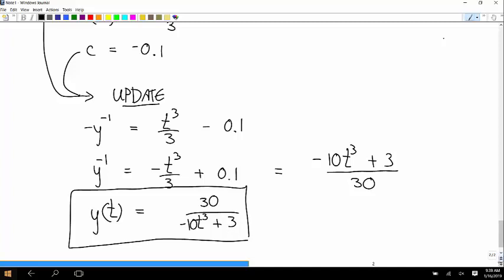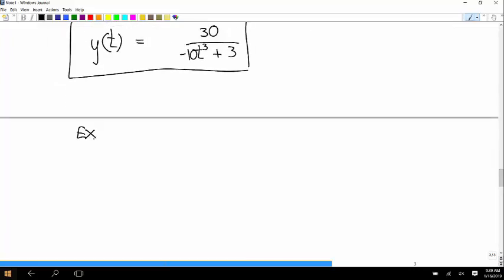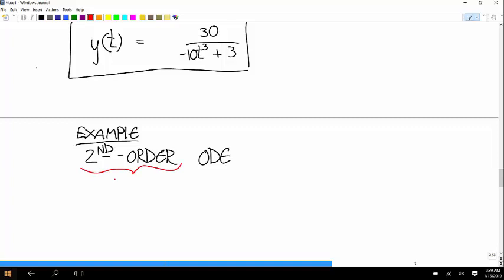You can do second order ones this way too. So the second order means that the highest order derivative in the equation is 2.